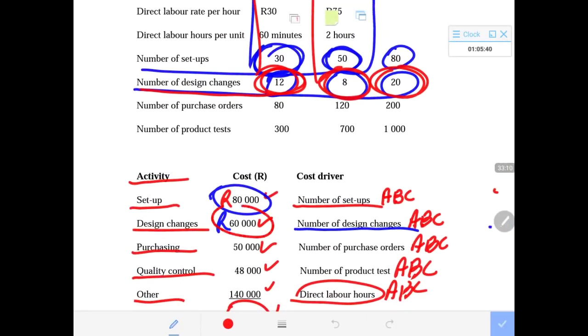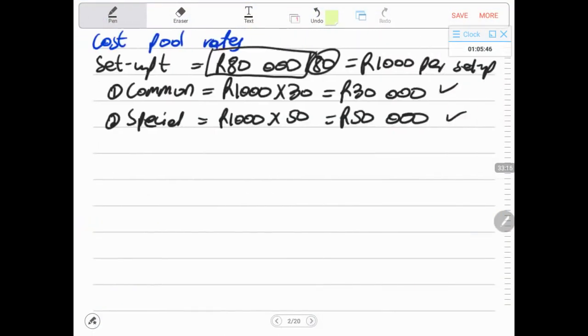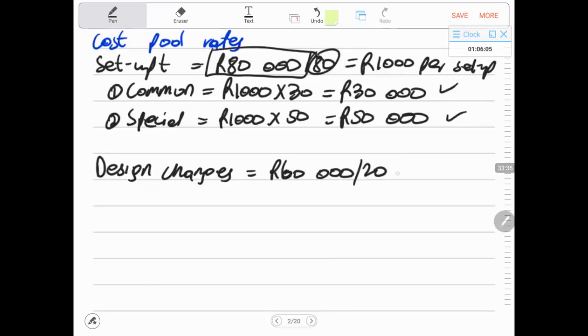So we have to say 60,000 divide this by 20 first. We are doing the cost pool rates first. So now this is what we call design changes. We are in design changes. How many times do we change the design? We said the total design changes cost is 60,000, divided by 20.